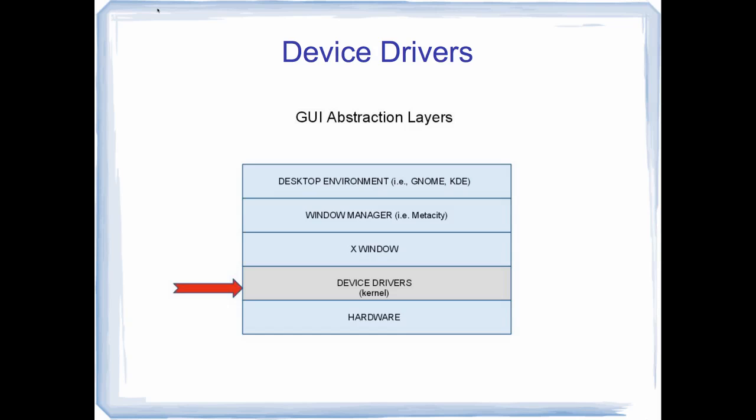Now that seems like a daunting task, and frankly, sometimes it is. However, for the most part these days, when a vendor comes out and builds new hardware, a new mouse interface, new display adapter, new video card, etc., they're going to provide device drivers. There are some issues out there about whether they're open source or not, but for the most part, manufacturers these days are releasing their device drivers as open source code.